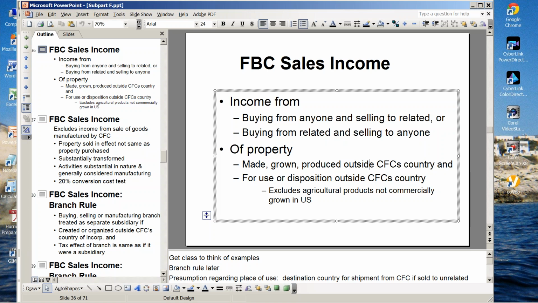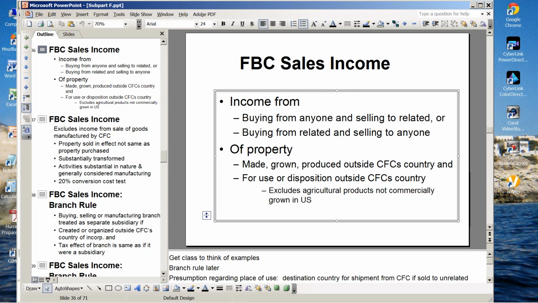Now, the presumption doesn't apply if a related party is the buyer and the CFC knows or should have known facts otherwise. Now, there are some variations on this within the regulations that it's probably a good thing to read.